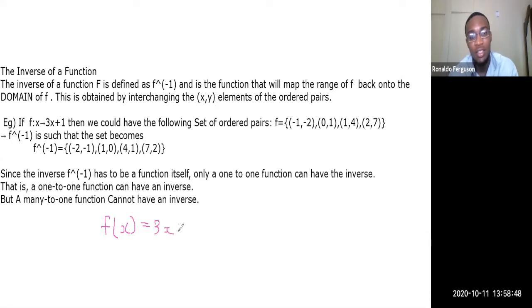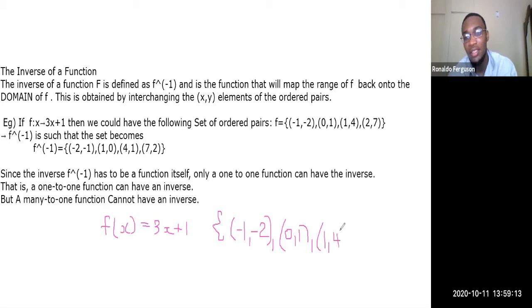As ordered pairs, when x is -1, we get 3 times -1 plus 1, which is -2. When x is 0, y is 1. When x is 1, y is 4. When x is 2, y is 7. And that gives us f.